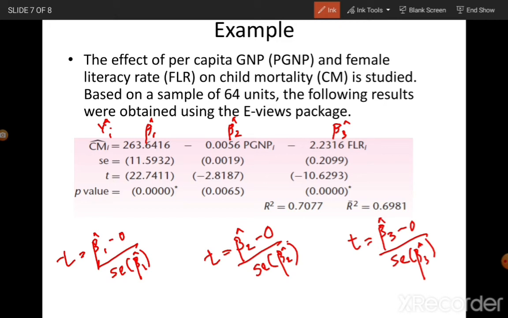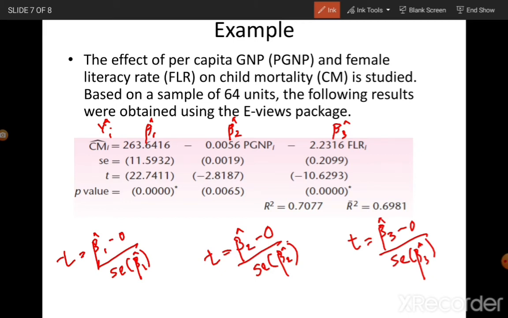The most commonly used method is that you fix both. You fix your alpha level of significance, say at 5%. You look at what the p-value is. If your p-value is lesser than 5%, then you decide to reject the null hypothesis and you say that the estimated coefficient is significant.